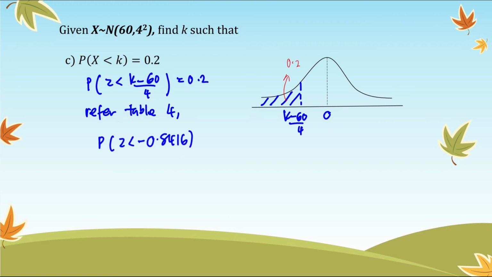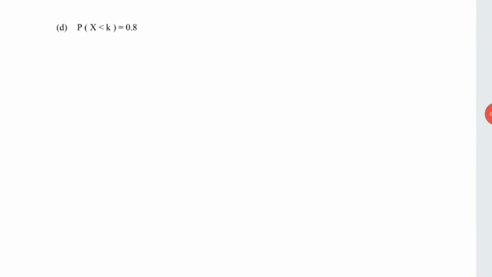We write negative in front of the value because (k minus 60) over 4 is on the left side. Therefore, (k minus 60) over 4 equals negative 0.8416. Then we will get k equals 56.6336.